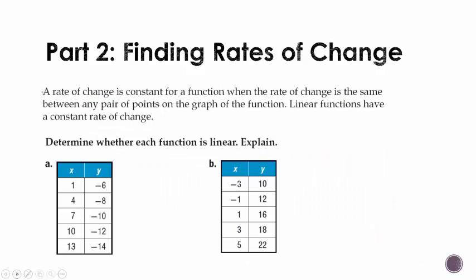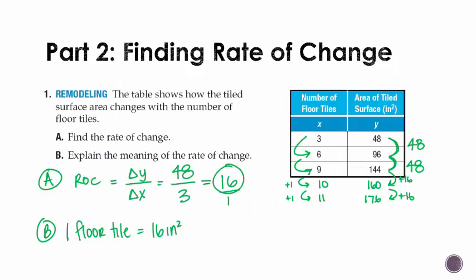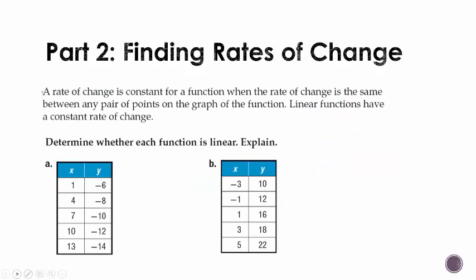A rate of change is constant for a function when it's the same between any pair of points on the graph. So if we go back to this one here, how these were all 48 and these were all 3, that's what we're talking about here. Linear functions have a constant rate of change because it has the same slope all the way through. So determine whether each function is linear and then explain.